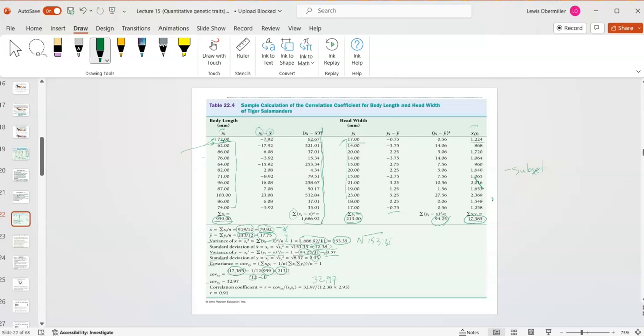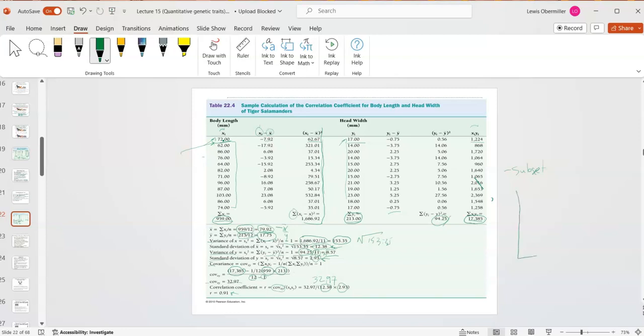So the correlation coefficient, we take that covariance value, which is here, and we divide it by the standard deviation of x and the standard deviation of y multiplied together. And if you do the math, you get 0.91.